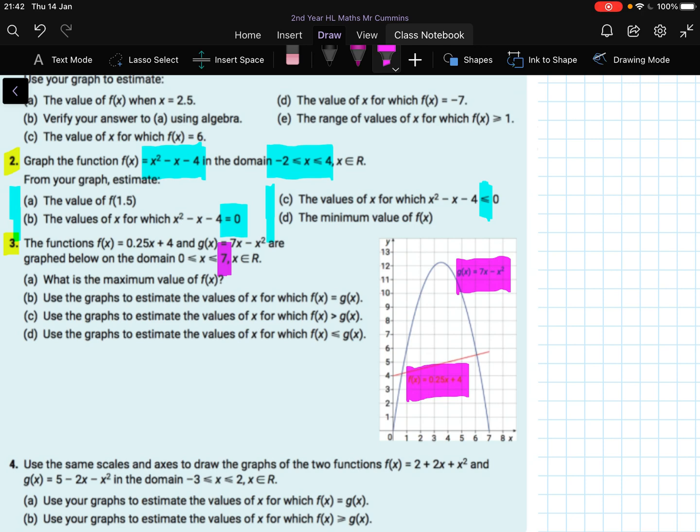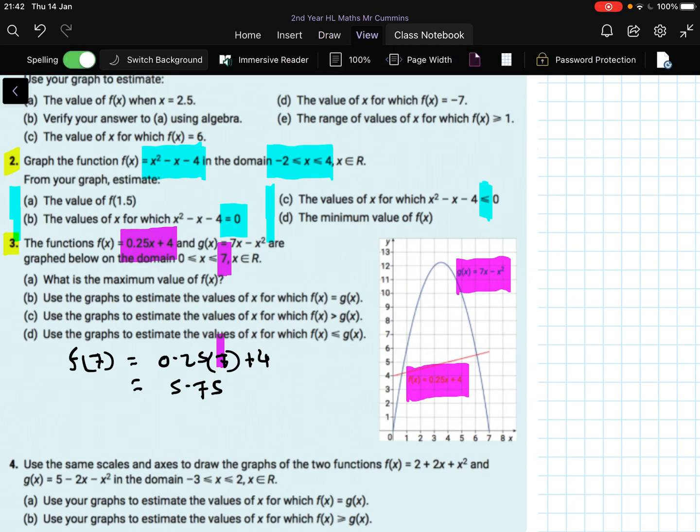That's as far as we can go, so we can sub in 7. f of x is 0.25x plus 4, so f of 7, instead of x, we sub in 7: 0.25 times 7 plus 4. When you multiply that out, that gives you 5.75.